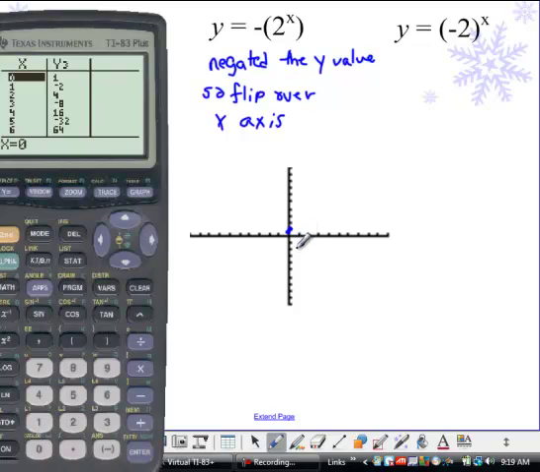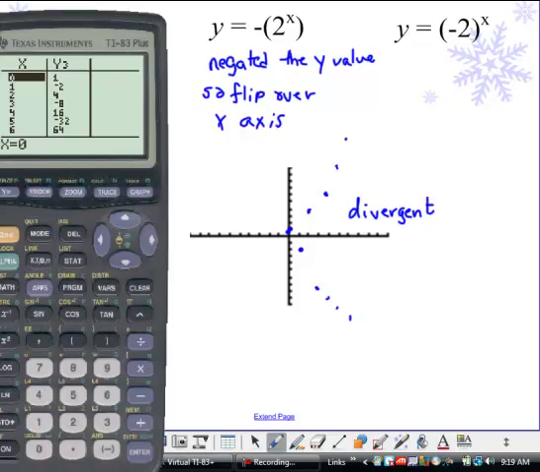When I'm at 1, I'm at -2. When I'm at 2, I'm at +4. When I'm at 3, I'm at -8. What I'm having here is positive, negative, positive, negative, positive, negative. You can see why it's called divergent now? It's going in two different directions. And the calculator can't handle it.